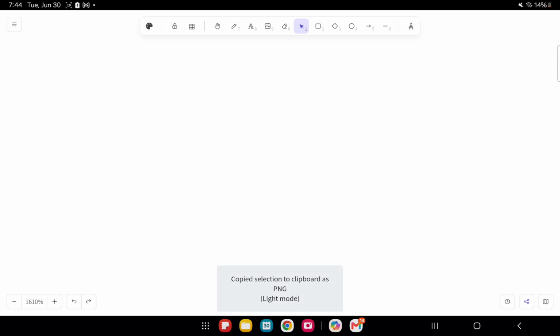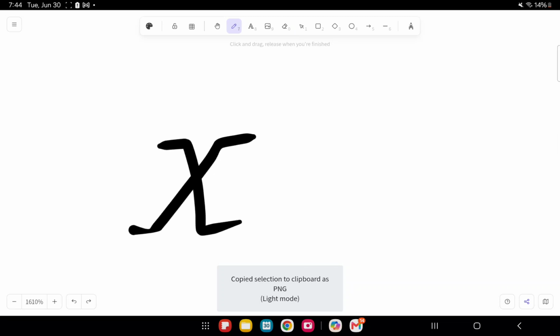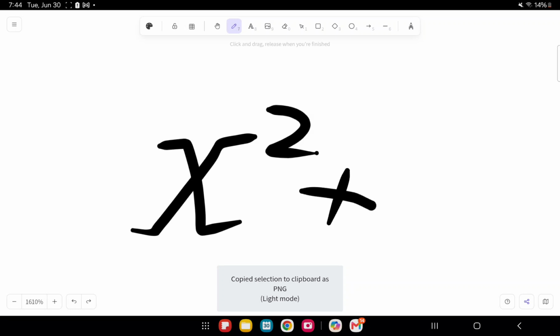But to do this, you have to write x squared plus. To make this plus an equals, you need to move this, then make this a line, since an equal sign has 2 lines.